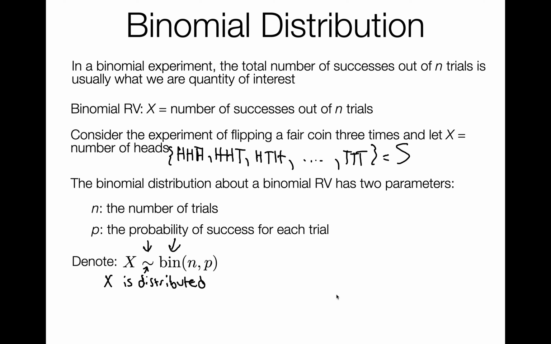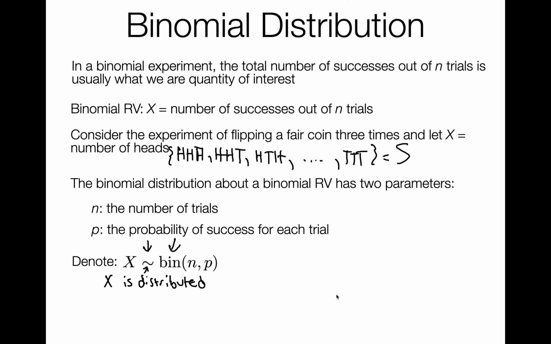Binomial. I'm going to use bin to shorten that. And then you put the two parameters. N goes first, and then p for a binomial. So you have n comma p. You first put the trials, and then you put the probability of success.